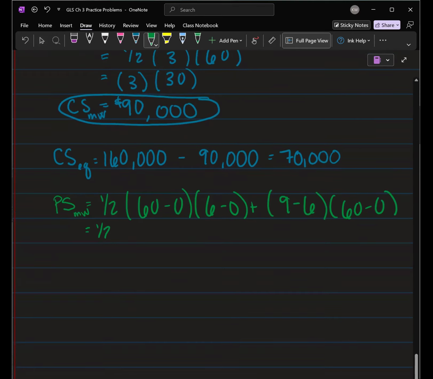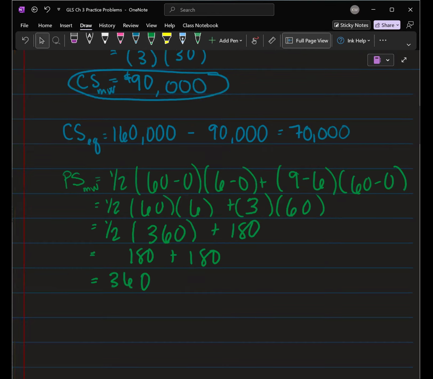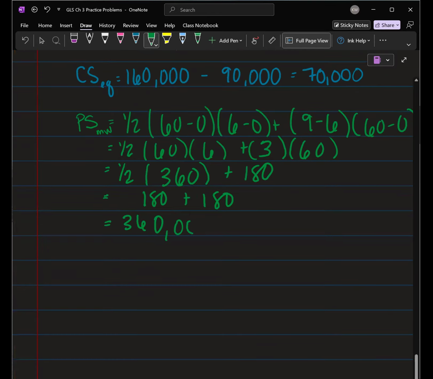So we'll have 1/2 times 60 times 6 plus 3 times 60. Okay, so we'll have 1/2 times 360 plus 180. 1/2 of 360 is 180. We have 180 plus 180, and that producer surplus is 360 multiplied by 1,000, since quantity is measured in thousands, and that is our new producer surplus.